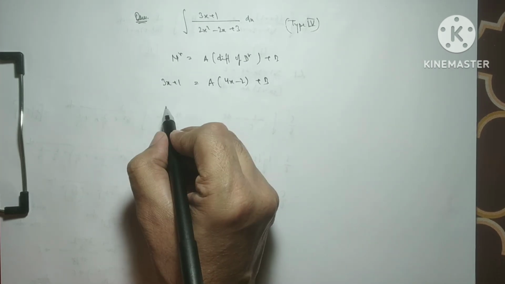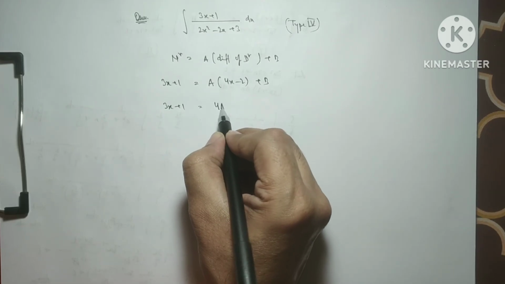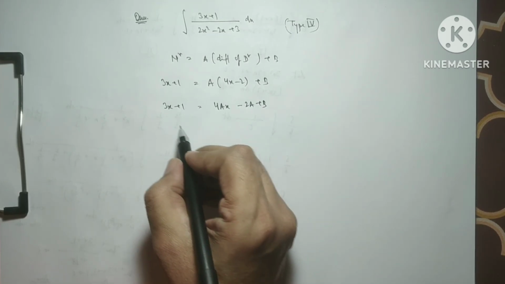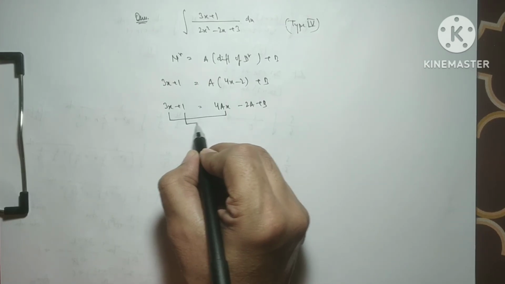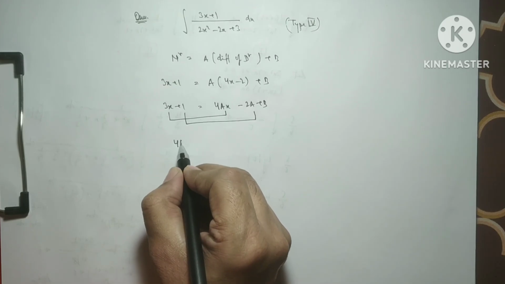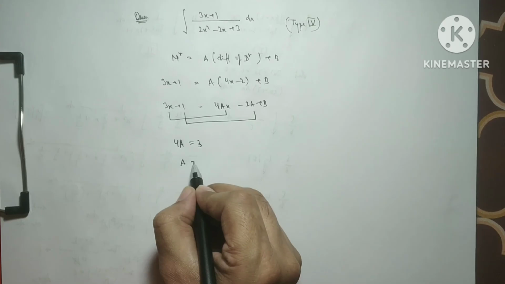So this becomes 3x plus 1, and this is 4ax minus 2a plus b. Now we compare multiples of x and the constant parts. We get 4a equals 3, means a is 3 by 4.